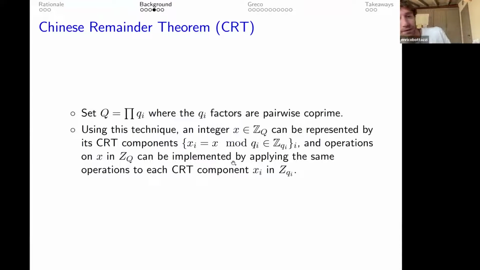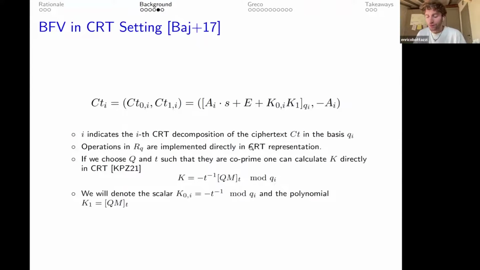And this is what is good about the Chinese remainder theorem, because we can keep performing the operations on the CRT components, and just at the end, if we want to retrieve the representation modulo Q, we can do that starting from the resulting components of this operation. And we introduced this CRT setting because we also want to perform BFV in this CRT setting, because we need to do BFV in a zk-SNARK, but we'll get to that later.